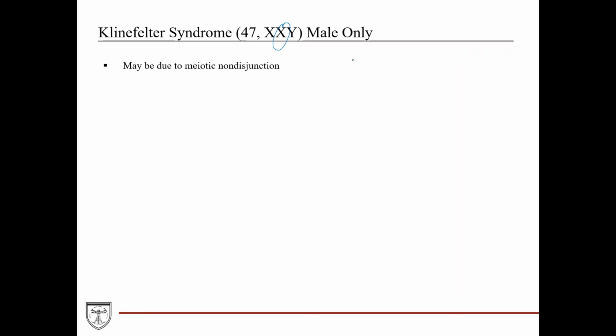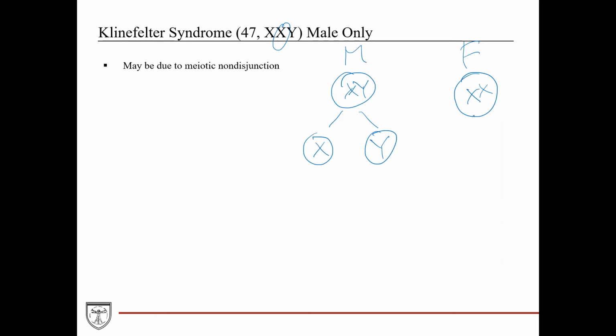Now remember with the sex chromosomes, in males, you have XY, and then it gets split up into X and Y. And then in females, you have 2 X's, and then it gets split up into 2 X's. Now, what can happen if it's due to paternal non-disjunction is you have an X and a Y like this.